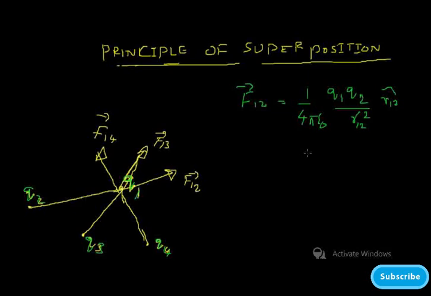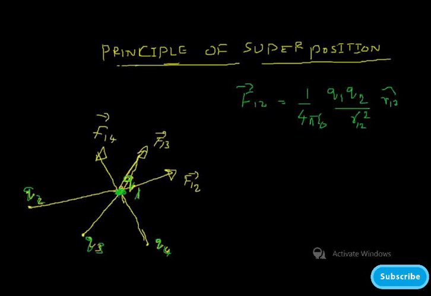But now here on Q1 due to the other charges there are 3 forces acting: F of 1, 3, F of 1, 2 and F of 1, 4. So how to find the resultant force acting on the Q1 due to the other charges?